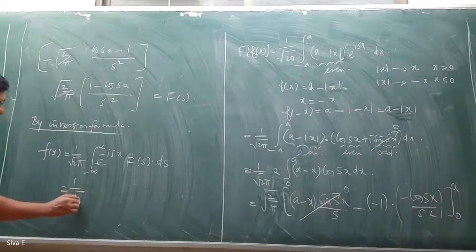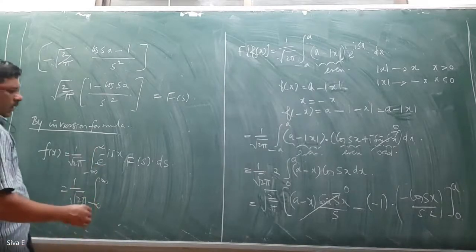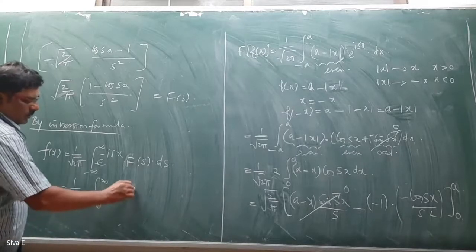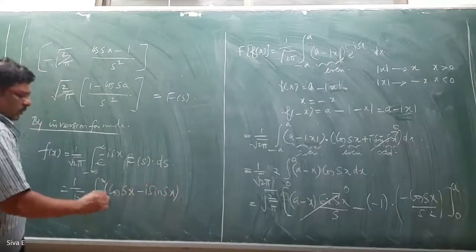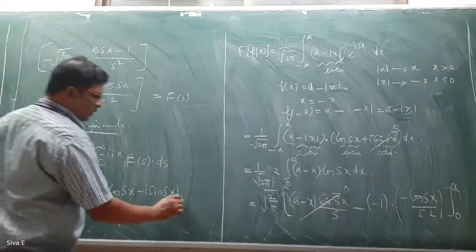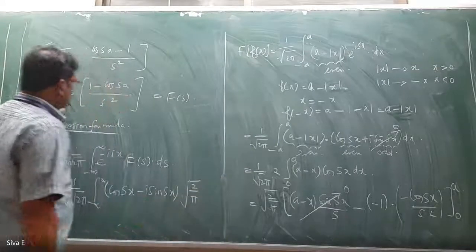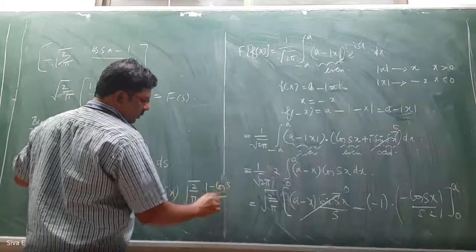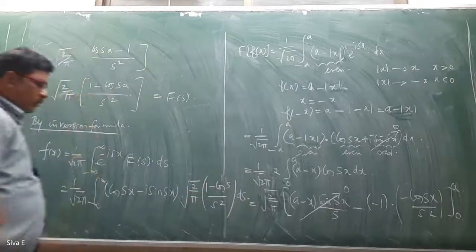One by root 2 pi integral from minus infinity to plus infinity, e power minus isx is cos sx minus i sin sx, F of s is here root 2 by pi, root 2 by pi (1 minus cos sa) by s square ds.